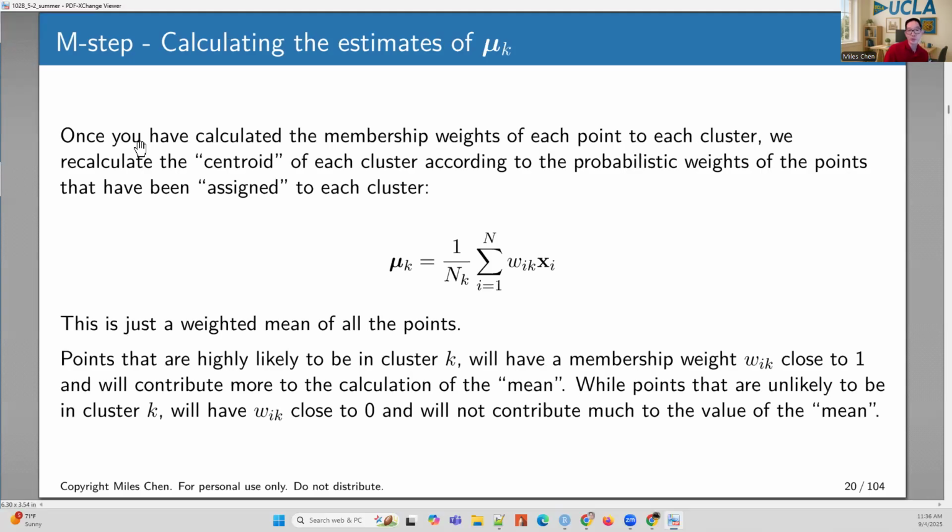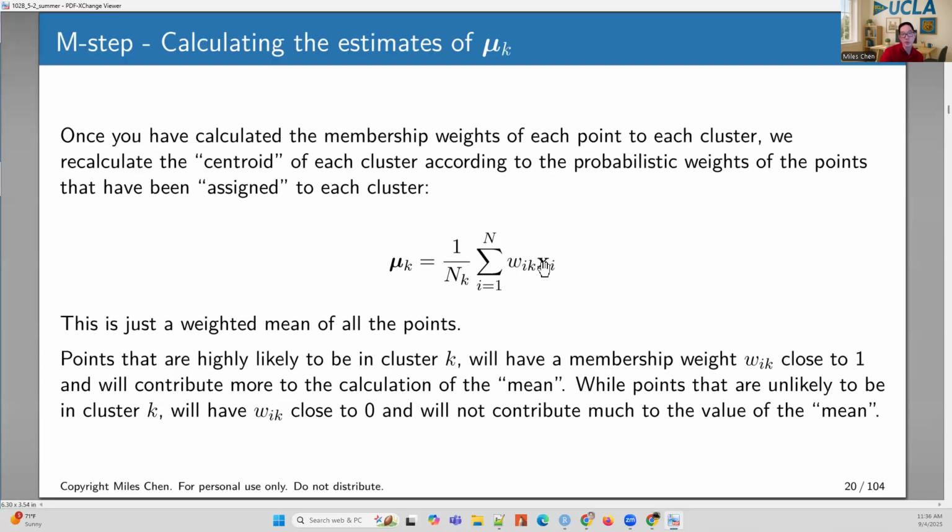And once we've done that, we're going to recalculate the centroid of each cluster and the variance of each cluster. So the centroid, or the mean of each cluster, will be recalculated using a weighted mean. We're going to multiply the weight of each point times the values in that point, and we're going to sum this up.